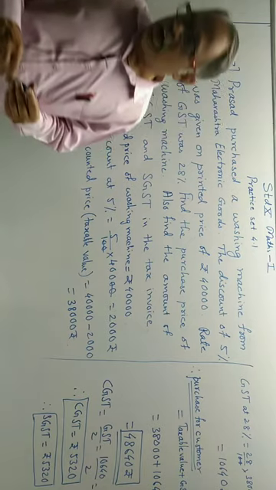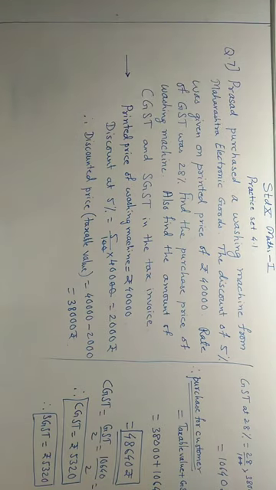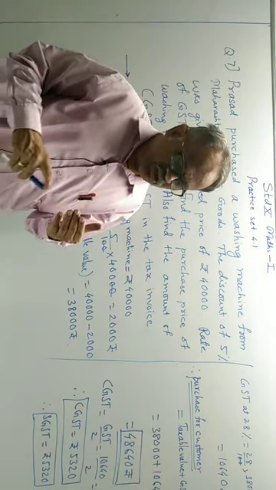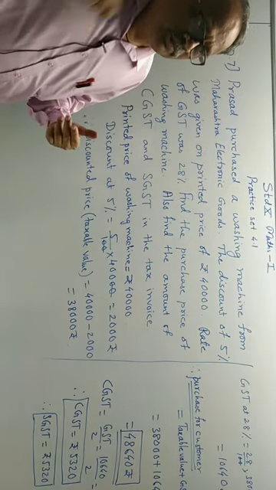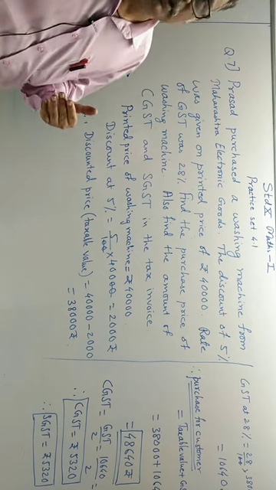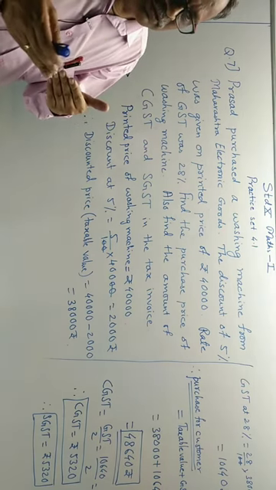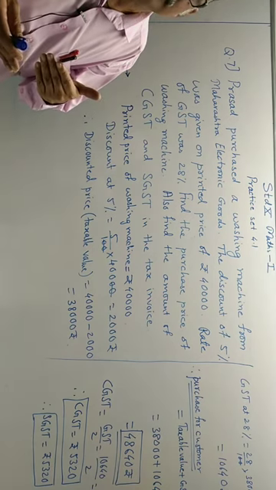In the next part we have to see what is meant by input tax credit, ITC, and what is meant by output tax. Means when one shopkeeper gives goods to another shopkeeper who gives it to a customer, then in that case the tax that the first shopkeeper gives is called tax already given, ITC.